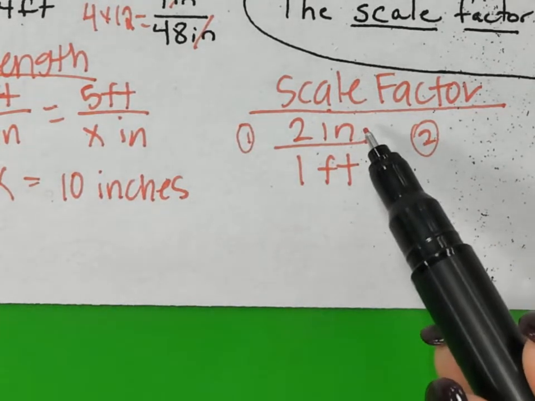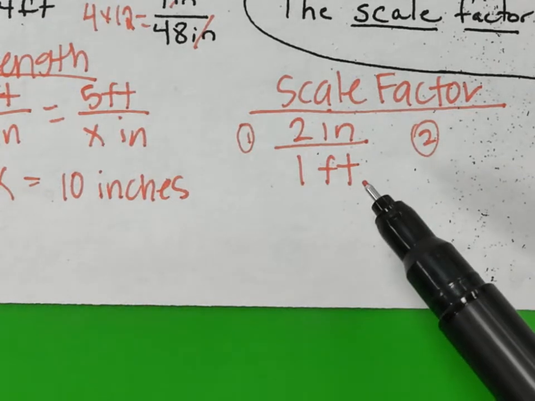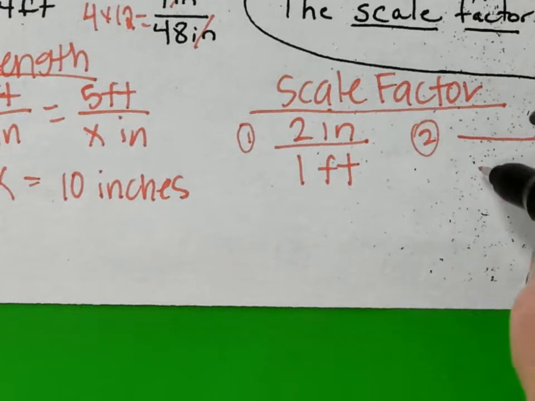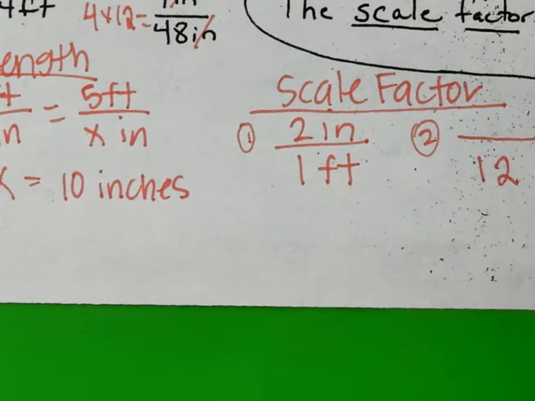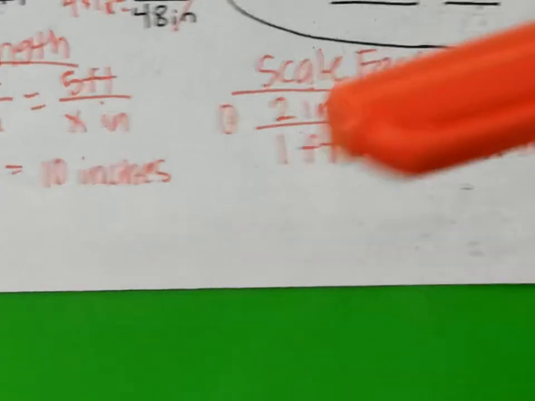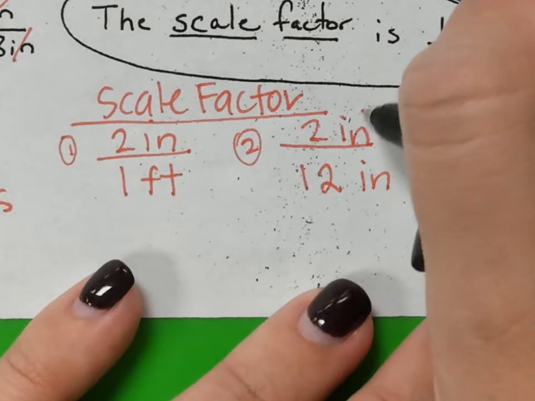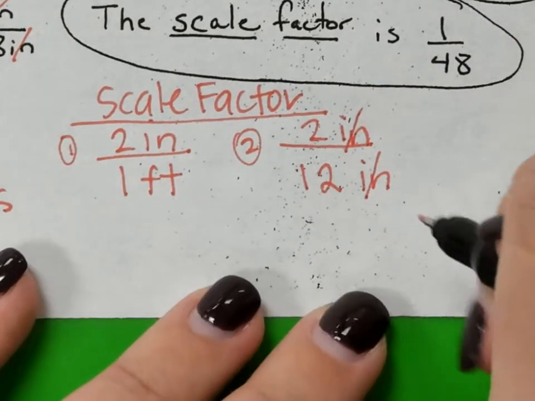Feet to inches. So how many inches are in 1 foot? 12. So you just have 1 times 12, which is 12. So 2 inches over 12 inches. My units are the same now, so what can I do with them? Cross them out. And my scale factor is what?